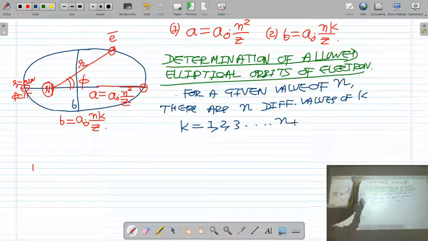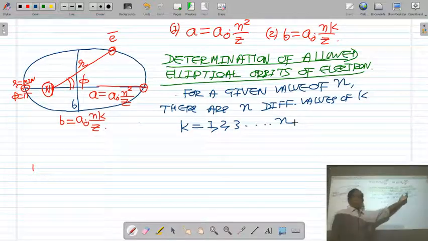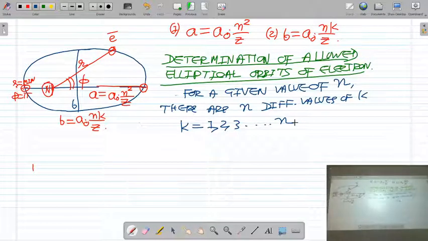So the theory predicts that for a given value of the principal or total quantum number n, there are n different values.